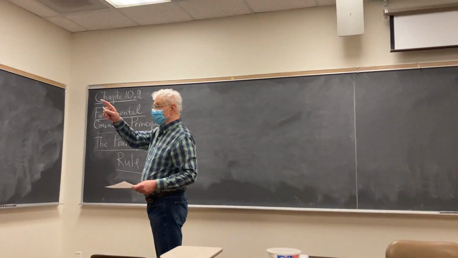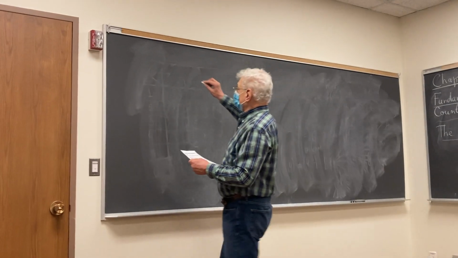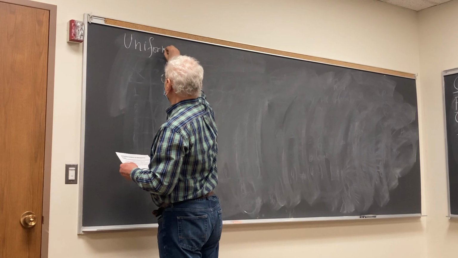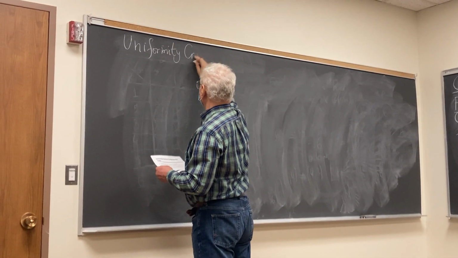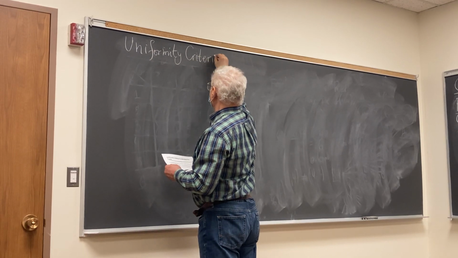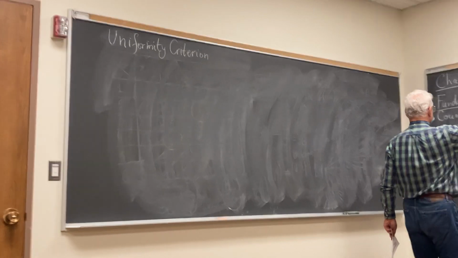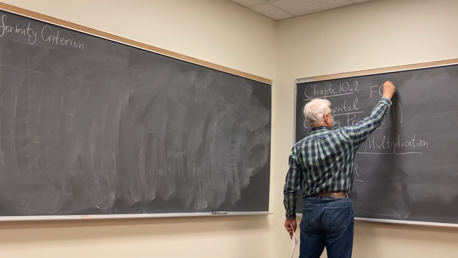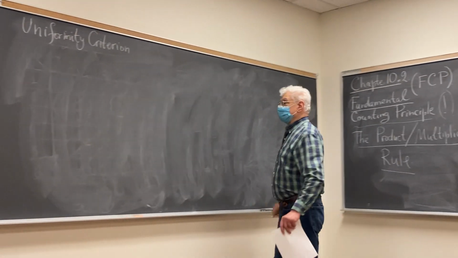Let me just formulate it here on the right side. Uniformity criterion. Call it fundamental counting principle, as abbreviation it will be FCP, or multiplication rule.